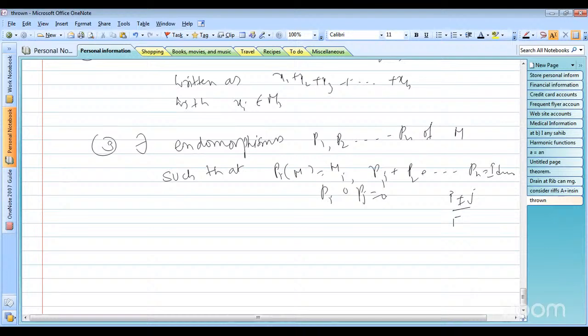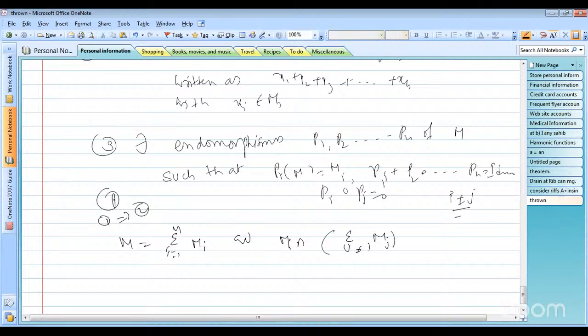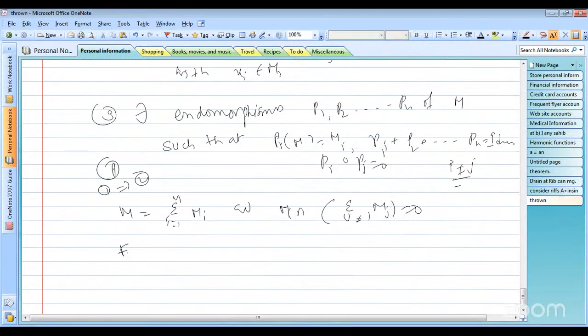Then 1 implies 2. Let M equal M1 plus M2 plus M3 and so on. We have taken here that every element of M is uniquely x1 plus x2 plus and so on plus xn, with x belonging to M, the sum of Mi for i equal to 1 to n. In the Mi intersection, the sum over j not equal to i of Mj is not 0, for M equal to the sum of Mi, i equal to 1 to n.